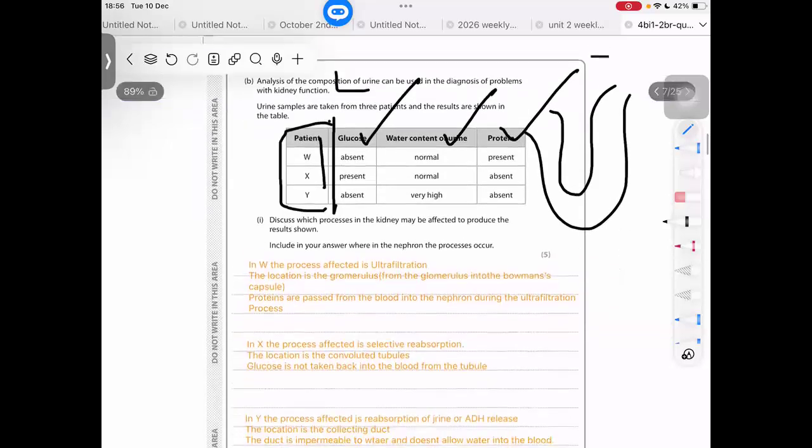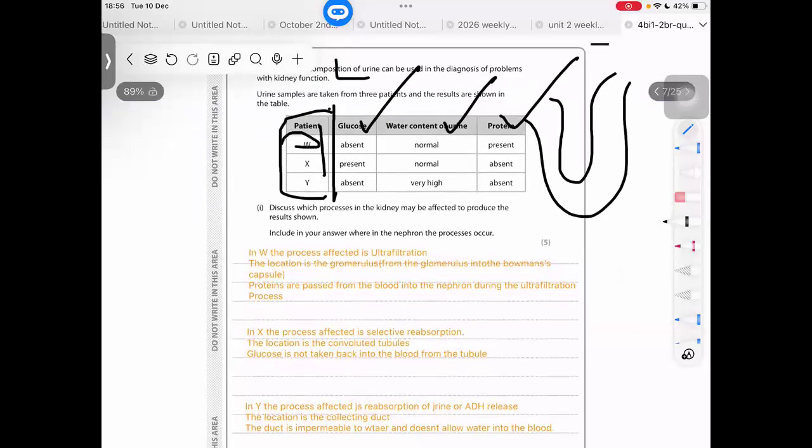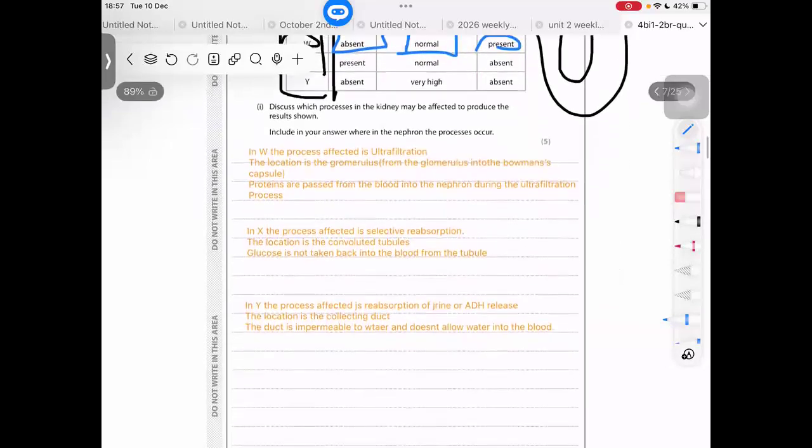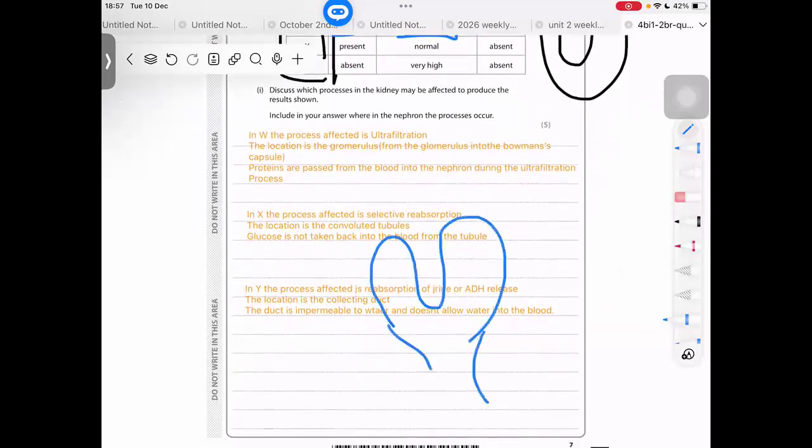So you can see in patient W, glucose is absent in the urine, but the water content is normal and proteins are present. Do you know, in normal urine, proteins should be absent? What is the reason? If you take the Bowman's capsule and the glomerulus like this, ultrafiltration takes place here.